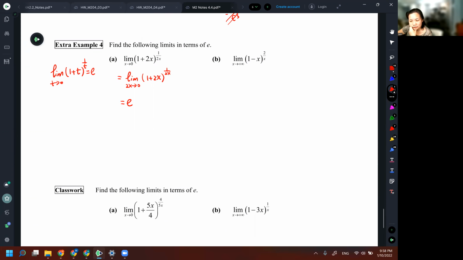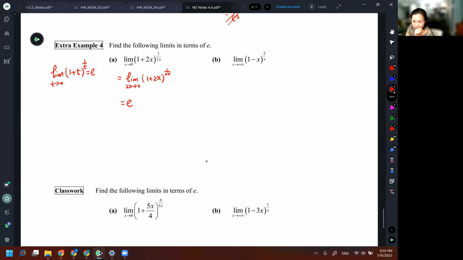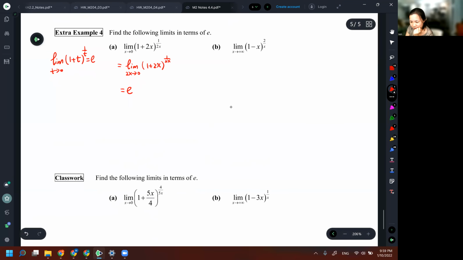I think I will check the second one because right now I think it doesn't make sense. I don't think the limit exists right now. Now you do the classwork, the first one, and let me have a look at the second one, because right now it's even undefined.